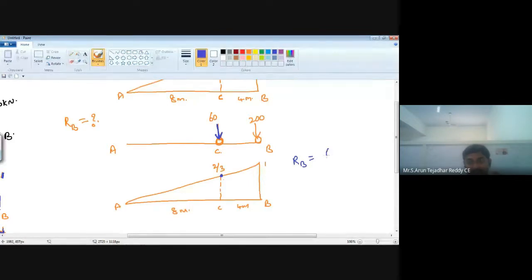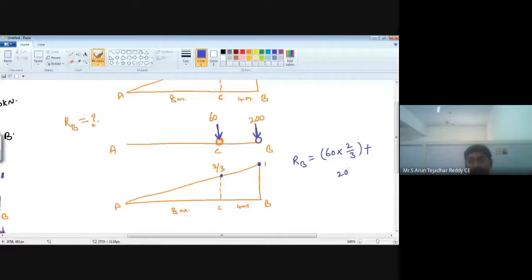That is 60 into 2 by 3. Next, plus, again we have another load, that is 200 kilonewton. And what is the ordinate here? 1.